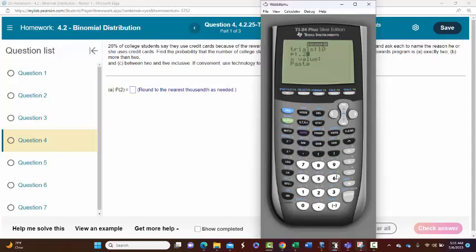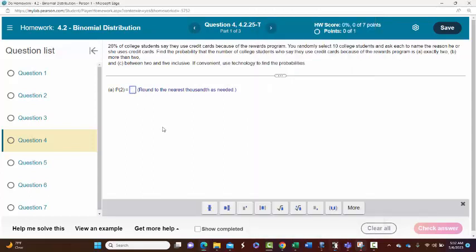You may get lucky that it has to be, well, at the end it has to be less than 20, but if they change these numbers around, like if that percentage had accidentally been 25%, you could have also got it off the table, but I wouldn't count on that. And X value is 2. Paste. It wants thousandths, 3 decimal places. So I'm going to go 274.